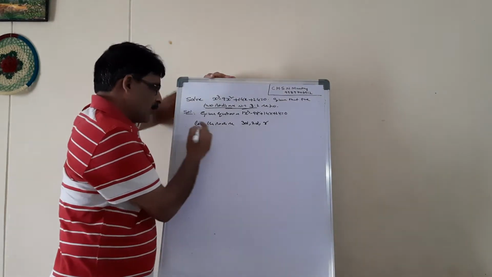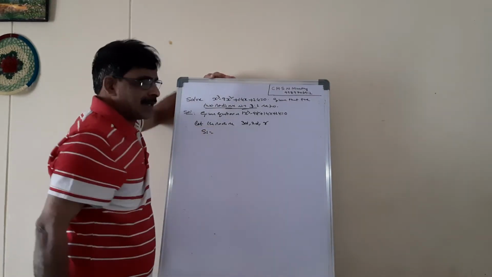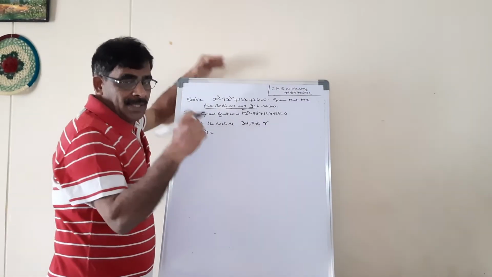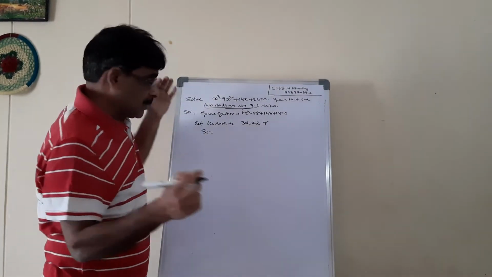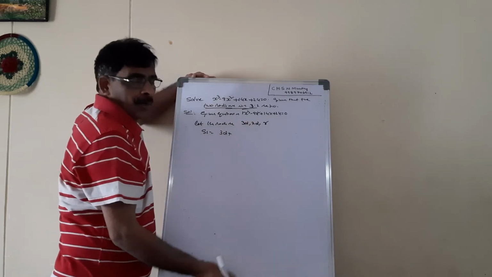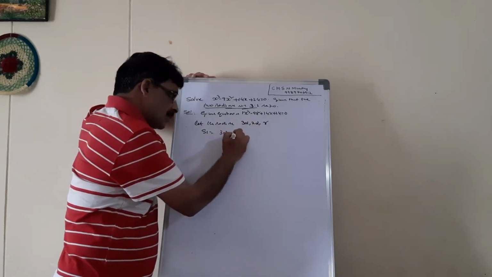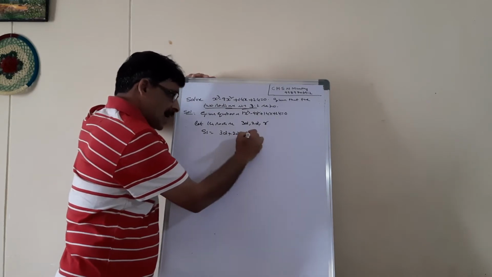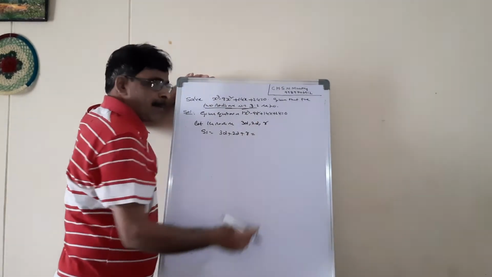Now you have to find what is S1. S1 means sum of the roots. Alpha plus beta plus gamma equal to minus P1. Here alpha equals 3 alpha, beta equal to 2 alpha, and gamma equal to gamma, which is equal to minus P1.